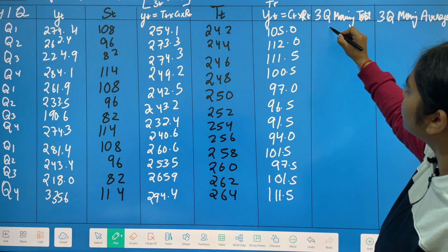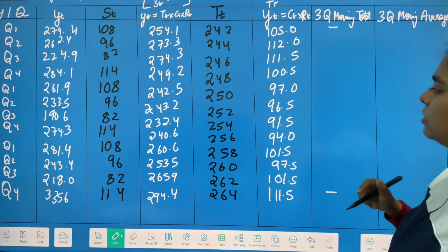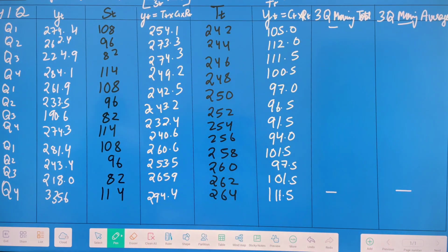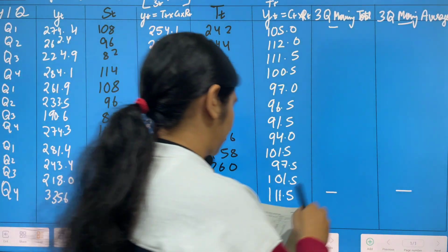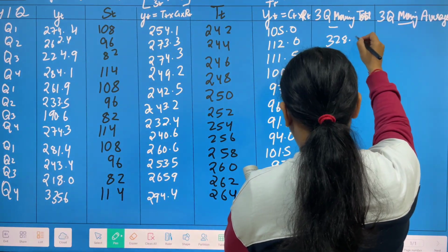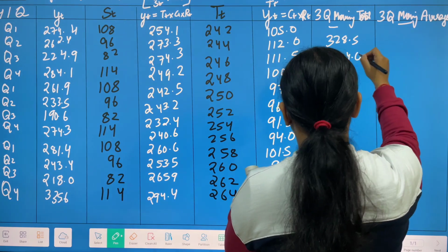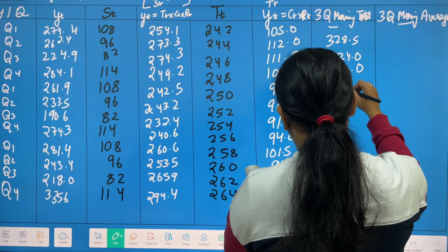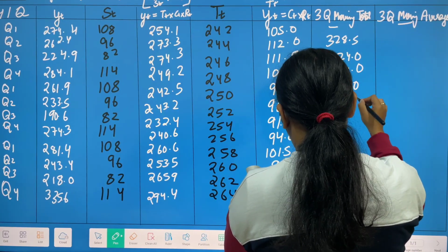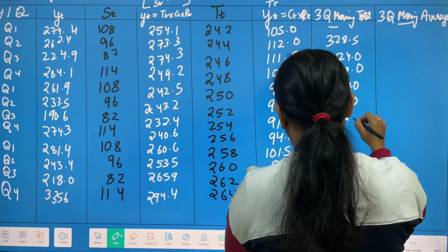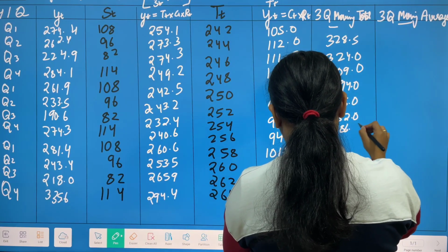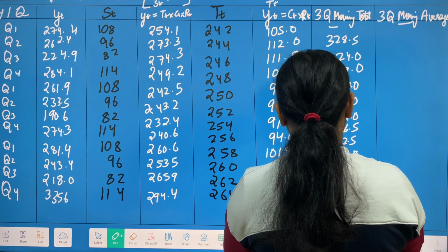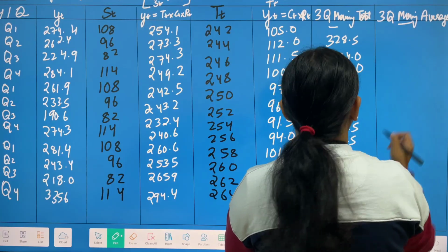If we are calculating for 3/4, the first and last one will vanish, and in the middle we will get 328.5, 324.0, 309.0, 294.0, 285.0, 282.0, 286.5, 292.5, 300.0, 310.5.